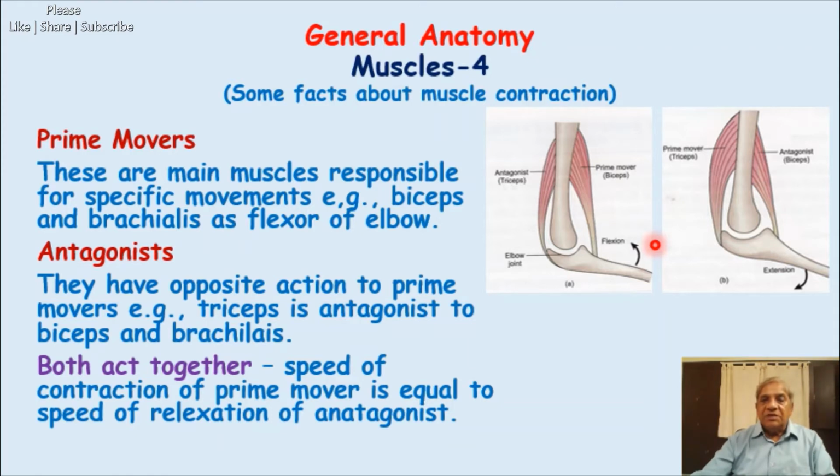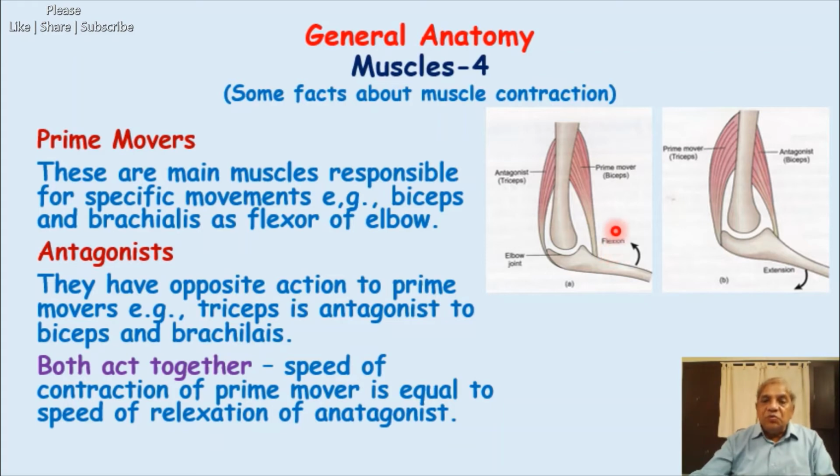These are the muscles which are called antagonist muscles. So which is the antagonist muscle for the biceps? The biceps' antagonist is the triceps, which is an extensor muscle, because if this muscle does not relax at the same speed at which the contraction is taking place in the flexor muscle, the biceps, then this movement will not be possible.